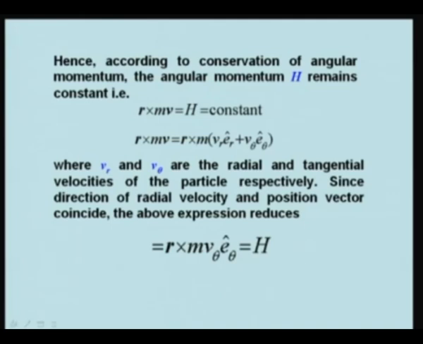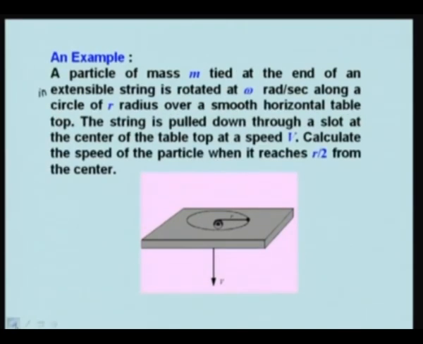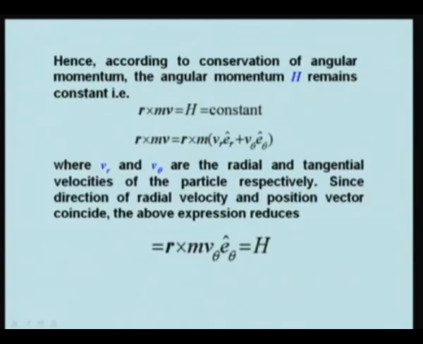r cross mv can be written as r cross m(V_r e_r plus V_theta e_theta), because the string is rotating, it has V_r, and also it is being pulled, so it has two components, V_r and V_theta, where V_r and V_theta are the radial and tangential velocities of the particle respectively.